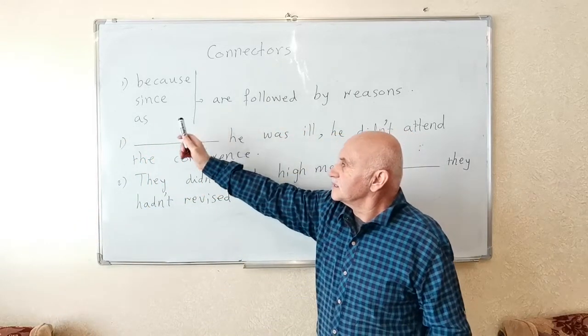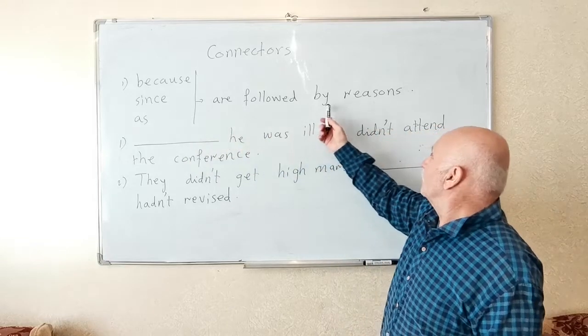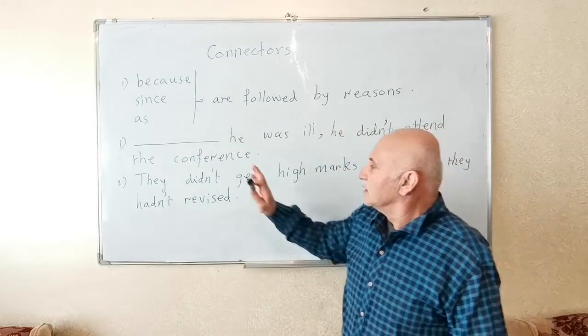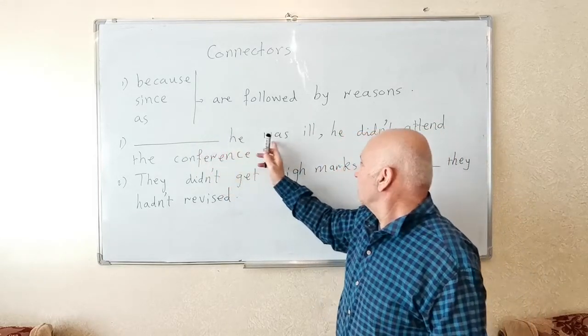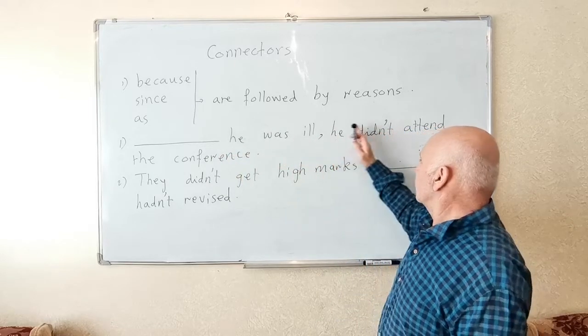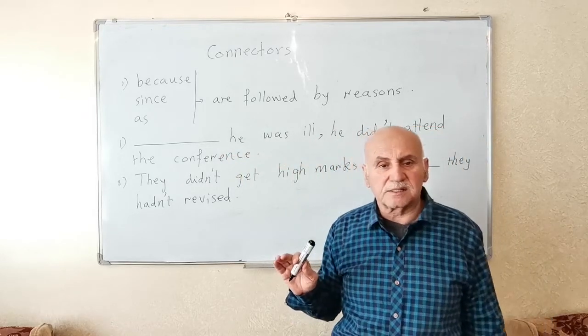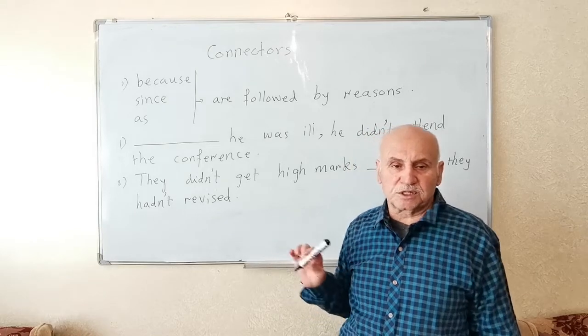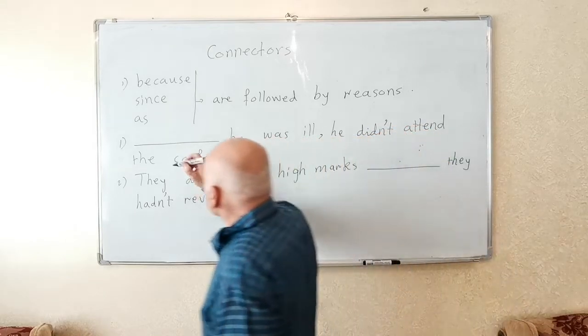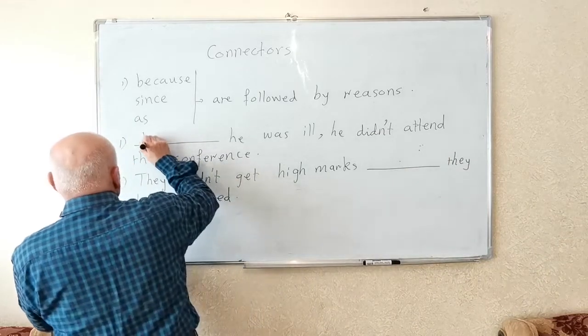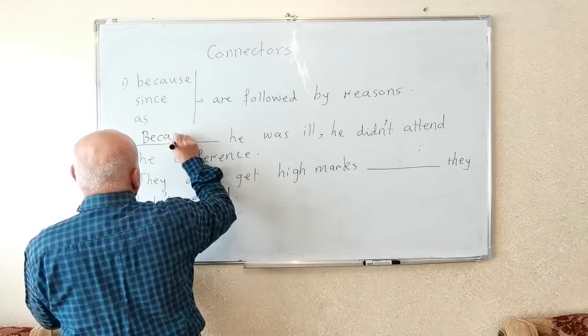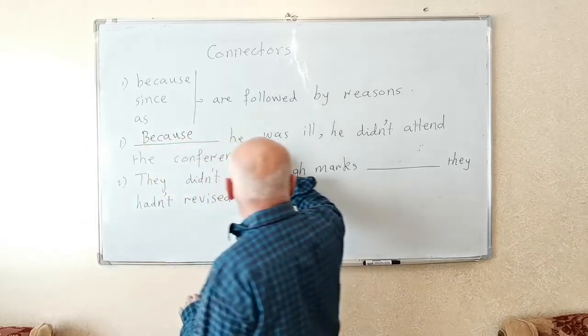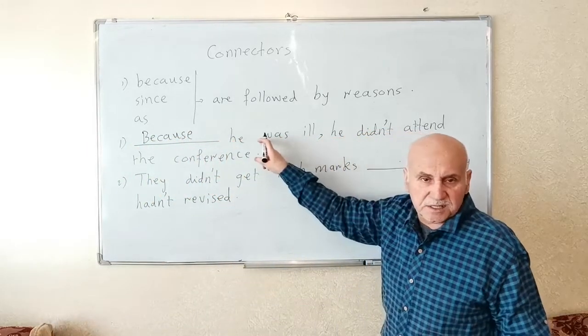Because, since, as are followed by reasons. Now what's the reason here? He was ill. And then the other part of the sentence is used as a conclusion. Because or since or as he was ill, this is the reason.